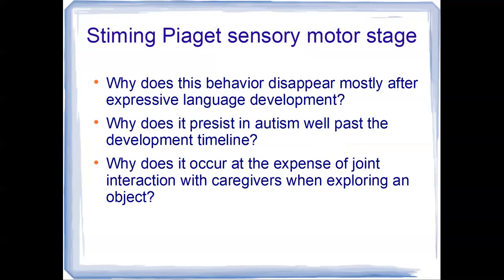Because you often see this stimming and sensory motor pattern in an 8, 9, 12-year-old who's still nonverbal or even older, but it goes away around 2 years of age in typically developing infants. And why does this occur in autism at the expense of joint interaction or social interaction with caregivers when they're exploring the world?